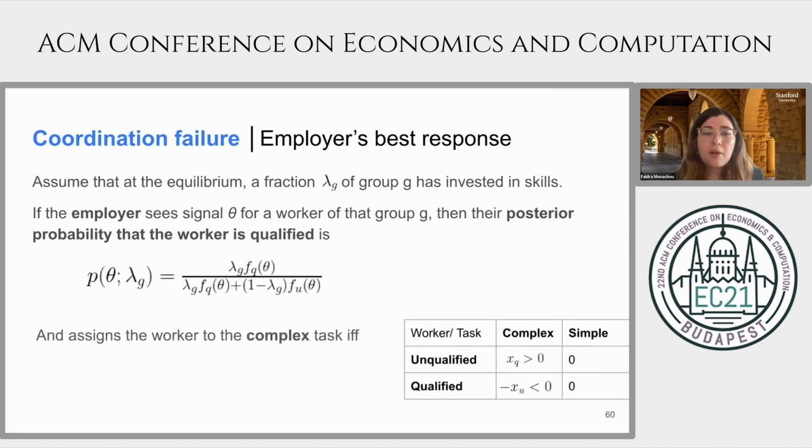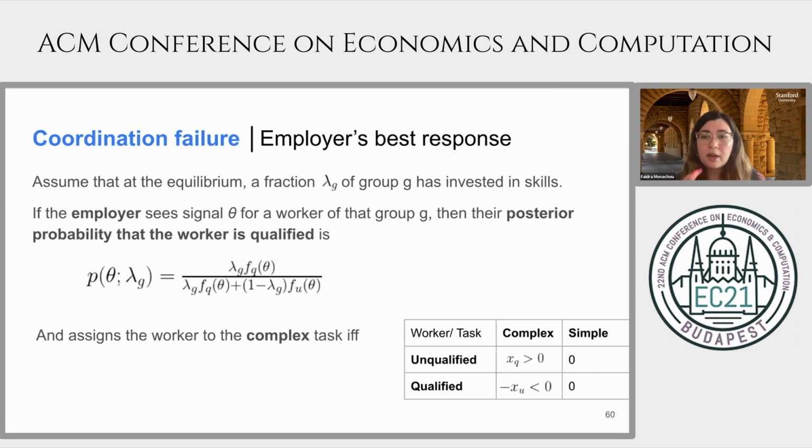Now they will decide how to assign these workers based on this information. To make the optimal decision, the employer will look at the table of their payoffs and form their expected utility conditional on the worker being qualified or not, based on the information they have: the signal of this particular worker and the group's investment decisions.